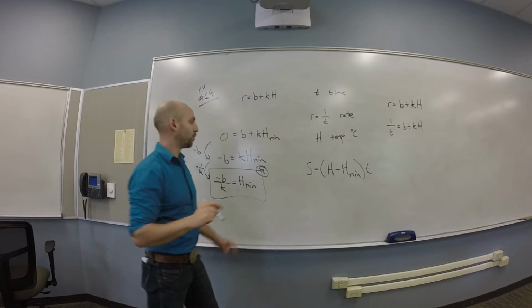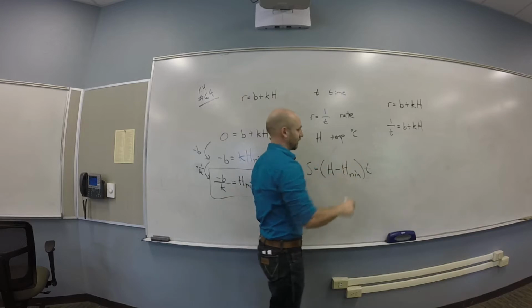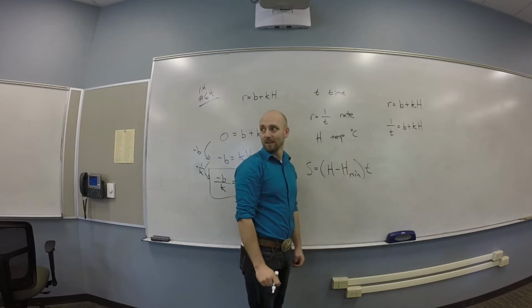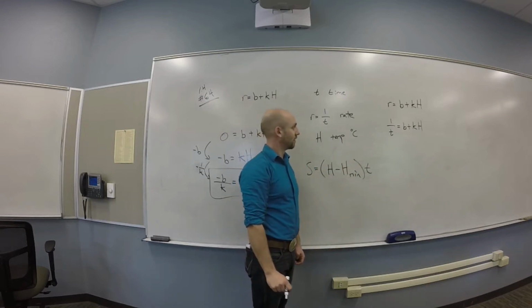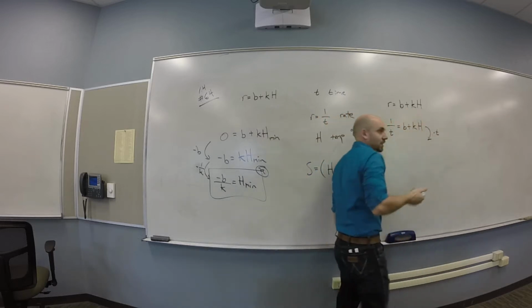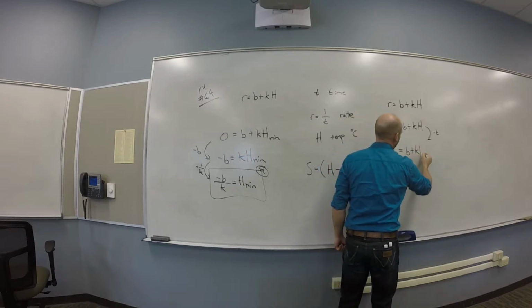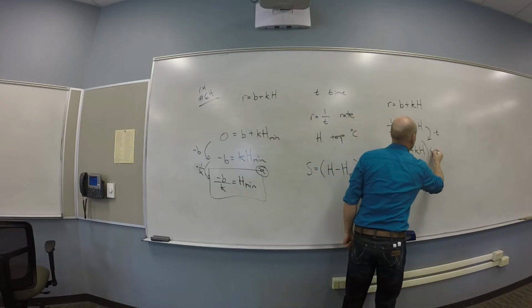I want to put this and that together somehow. So how are you going to do that? Multiply by t, so it's no longer the bottom number. You take this and multiply both sides by t. So you get 1 is b plus kh times t.